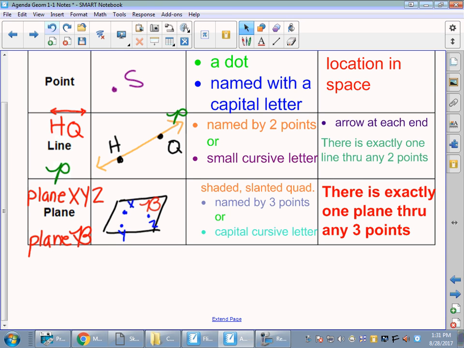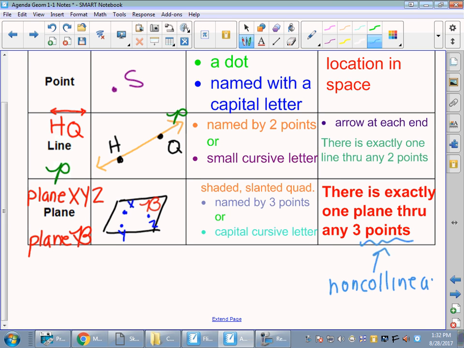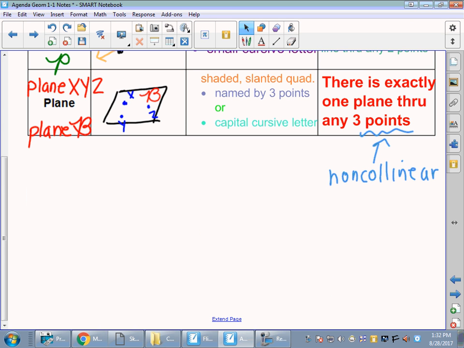Now here's the thing. Those 3 points need to be, if you can read my sloppy writing, non-collinear. I'm sure that your excellent English skills will aid in your excellent math skills. The root word of non-collinear is line, and it's not a line.